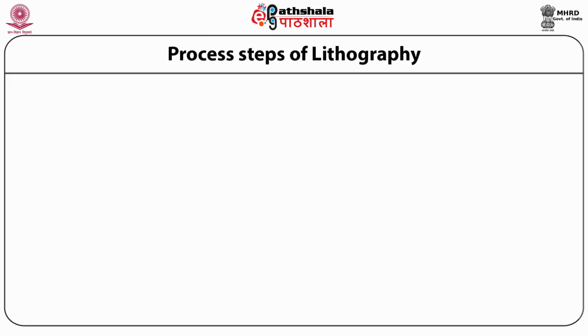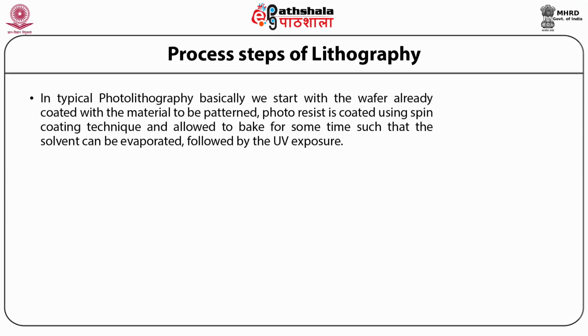Let's discuss the process steps of lithography. In typical photolithography, we start with the wafer already coated with the material to be patterned. Photoresist is coated using the spin coating technique and allowed to bake for some time so that the solvent can be evaporated, followed by the UV exposure.